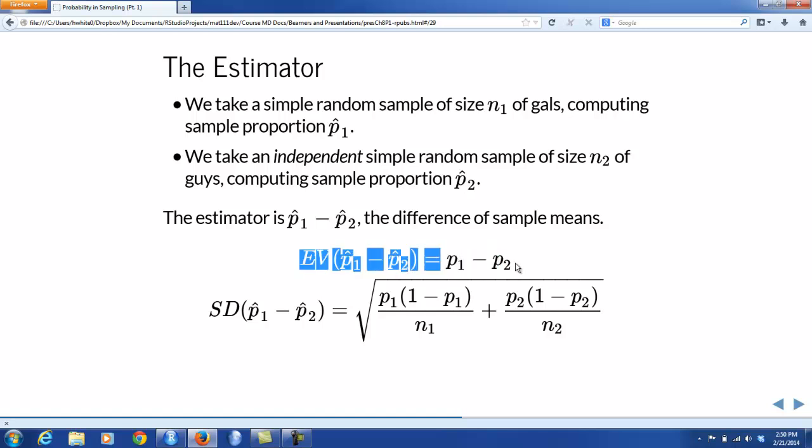Well, again, it's unsurprising. The expected value of P1 hat minus P2 hat turns out to be exactly the target parameter, and the standard deviation of P1 hat minus P2 hat turns out to be this rather interesting expression. Again, notice that the sample sizes are in the denominators, so at large sample sizes, P1 hat minus P2 hat should be pretty close to its target, P1 minus P2.